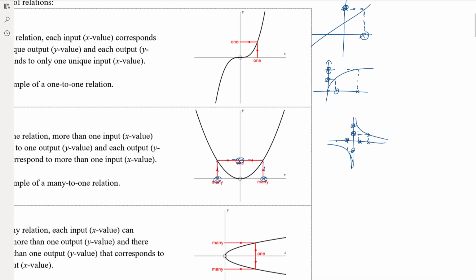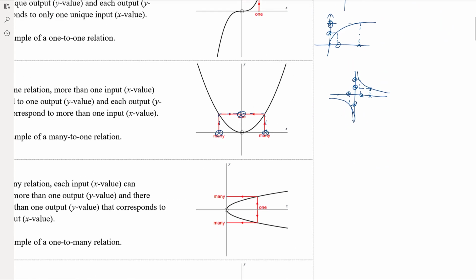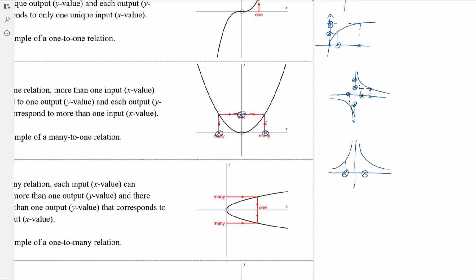What would be another many-to-one function? Well, we talked about that cubic I drew before. A truncus would be an example of a many-to-one function. More than one x value produces the same one y value. So any one y value maps to more than one x value. Okay, so we've got that connection. So a truncus.